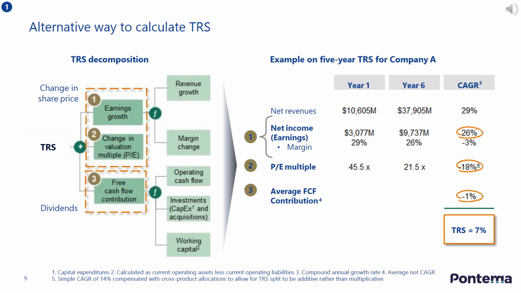Using these first and second level inputs, you can devise an alternative way of calculating TRS, which helps to unlock the various drivers of TRS and how organizations create value for their shareholders. Please review the slide example for how to do this.